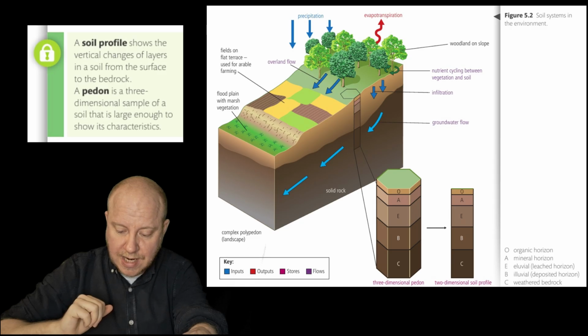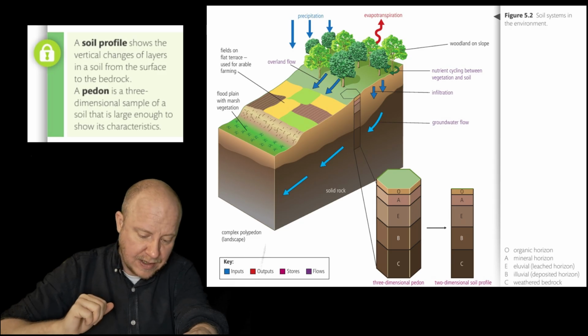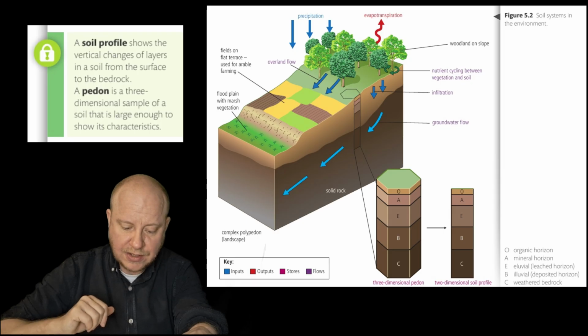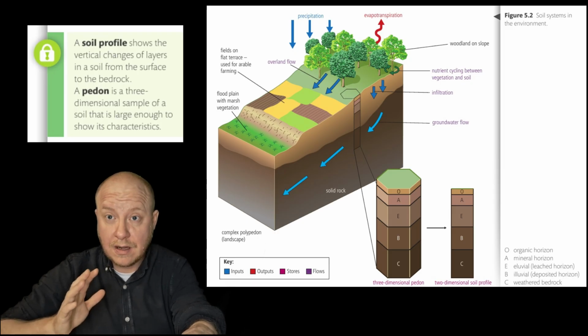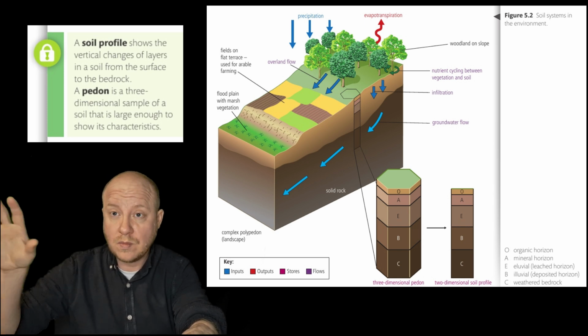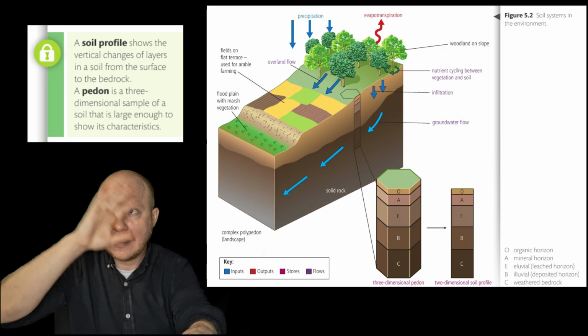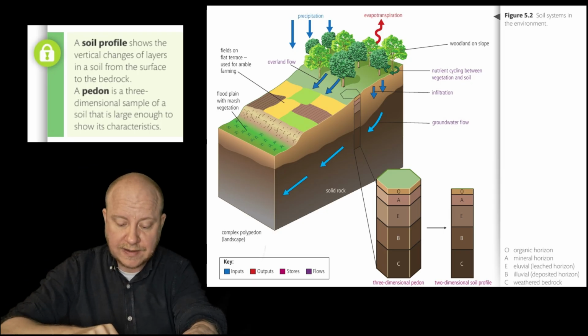Okay, and then it comes to an agricultural area, which could be fields on a flat terrace used for arable farming. Now, this is just an example of one slope. A diagram like this will look different depending on different locations, right? So in this imagined world, you've got these fields here.